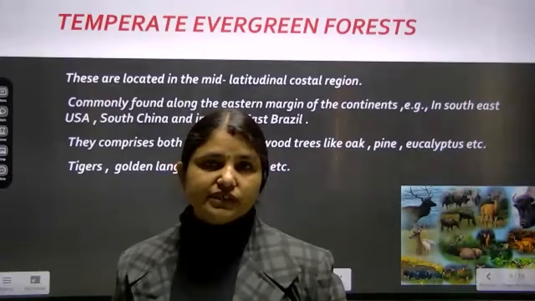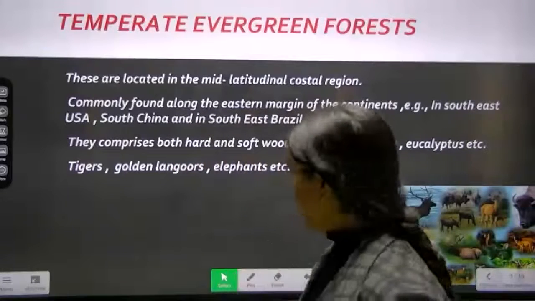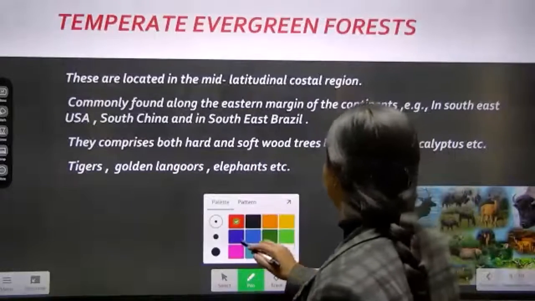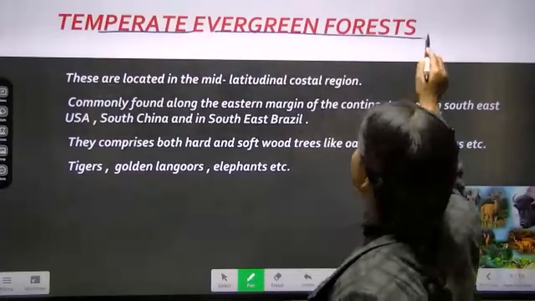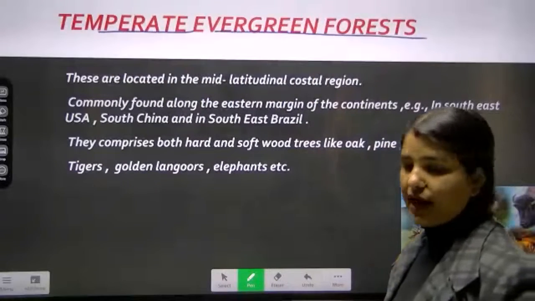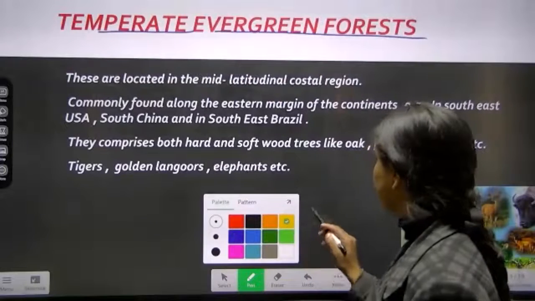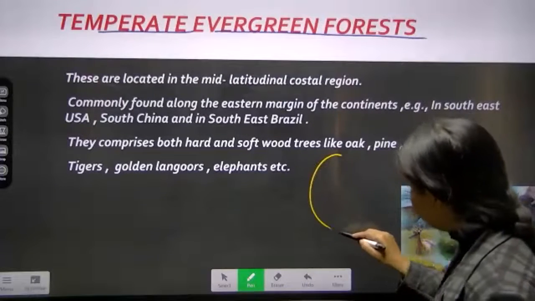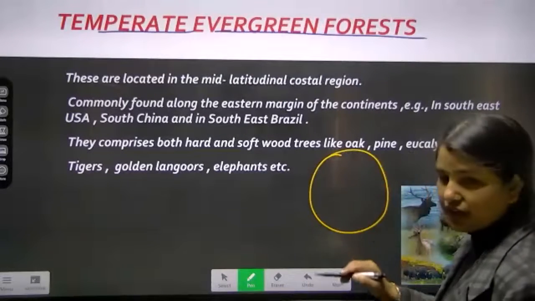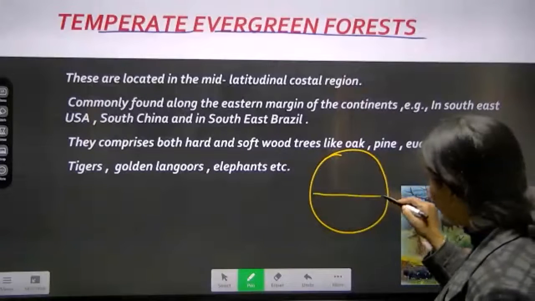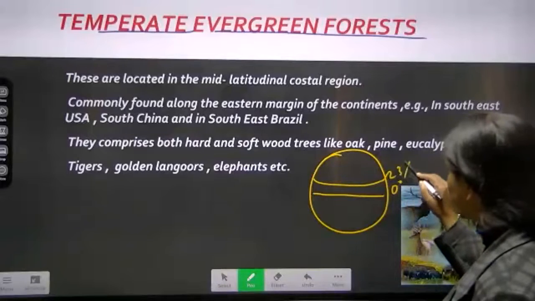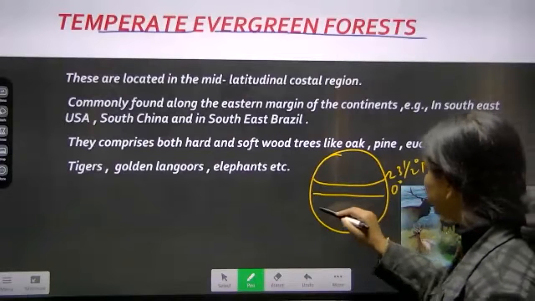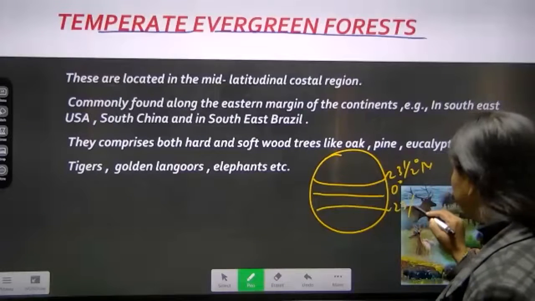Now we will see our next topic, and today's topic is temperate evergreen forest. So first of all we have to understand what is temperate. So students, just see, suppose this is our earth, here it is 0 degree, here 23.5 degree north, 23.5 degree south.